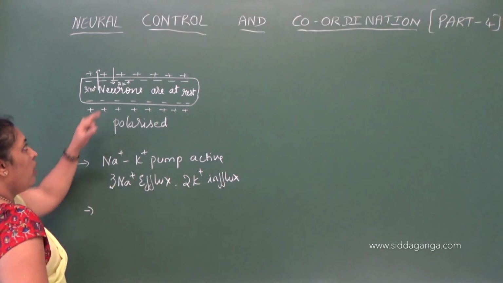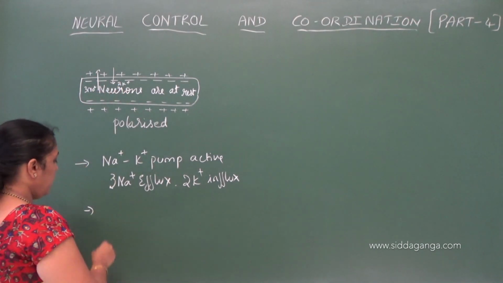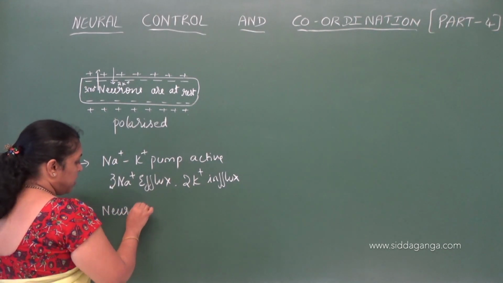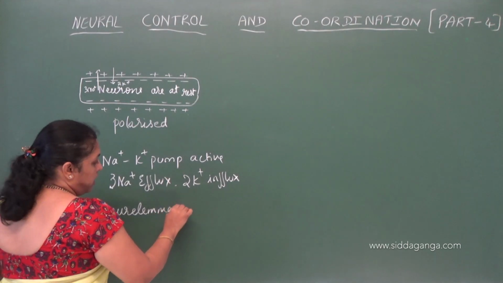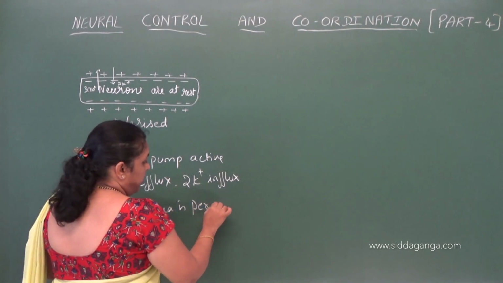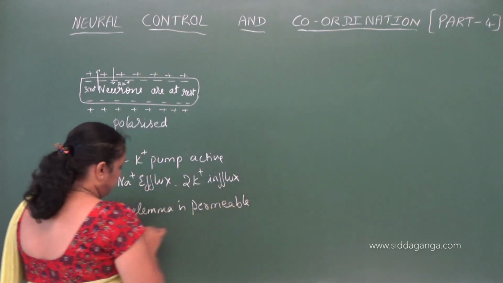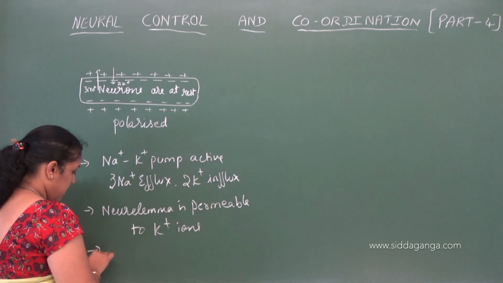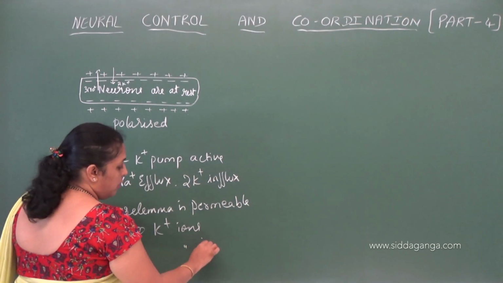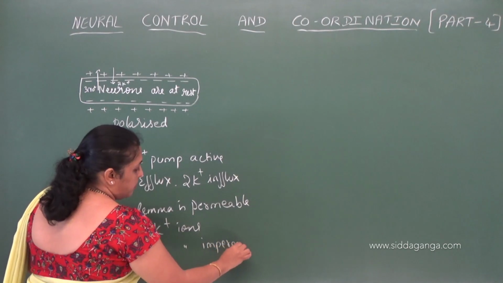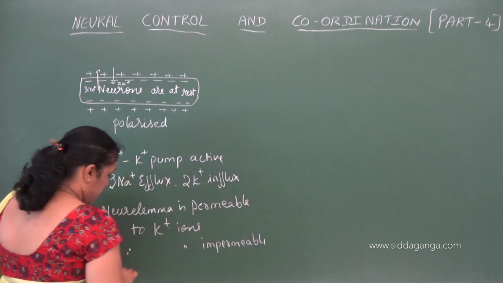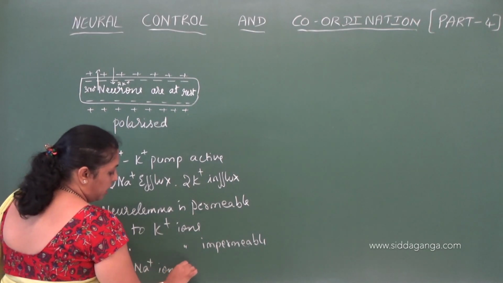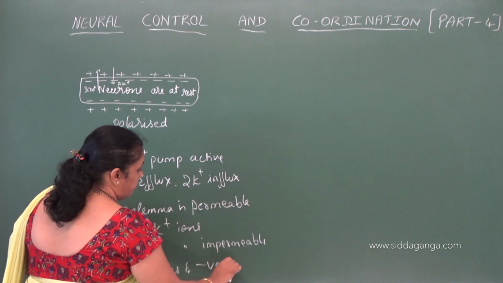And axolemma or neurilemma is permeable to potassium ions and neurilemma is impermeable to sodium ions and negatively charged ions.